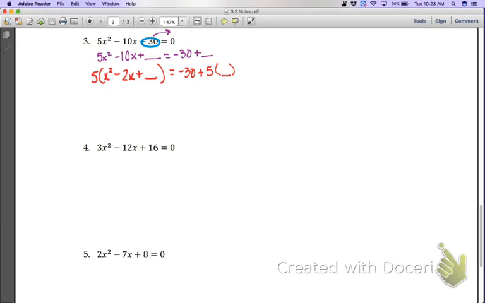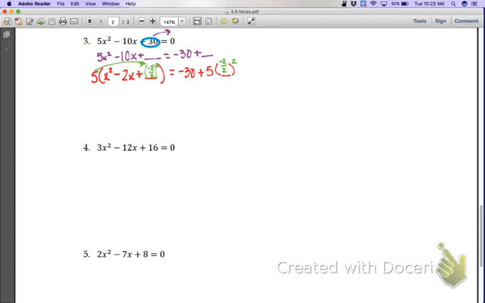Since I factored the 5 out of the red on the right side, I need to factor out whatever's going to go in that parenthesis on the left side, and I need to do the same thing on the right. Because that 5 would get multiplied with the negative 2 over 2 squared on the right side.